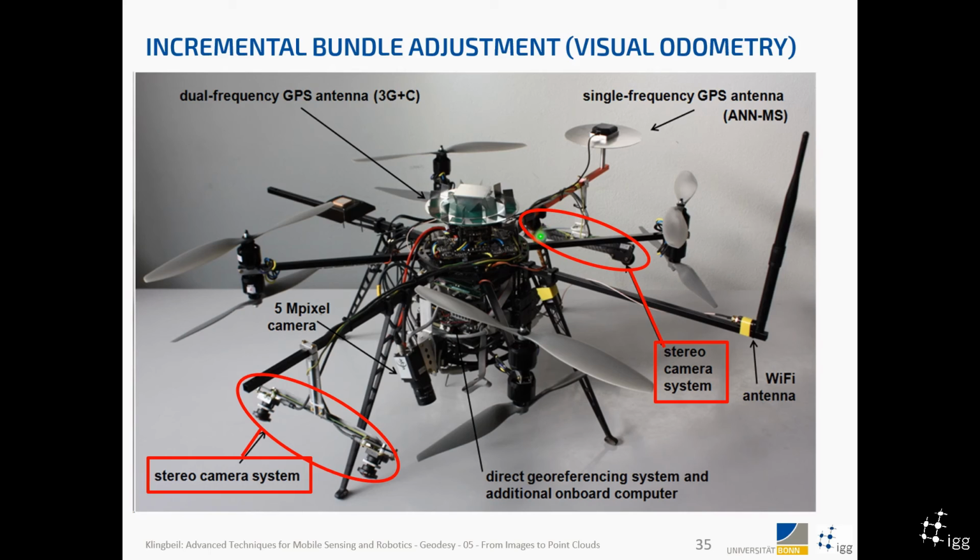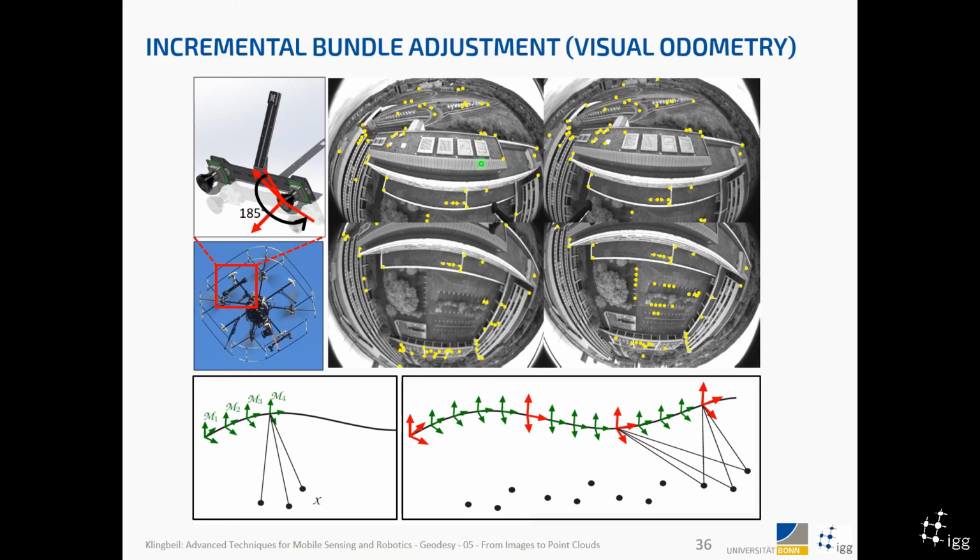Another thing that we did in that project was we integrated those onboard calculated positions and orientations with the data from the stereo camera systems in order to improve the trajectory estimation. Without going into details here, the stereo camera used an incremental bundle adjustment to reconstruct the trajectory, right?